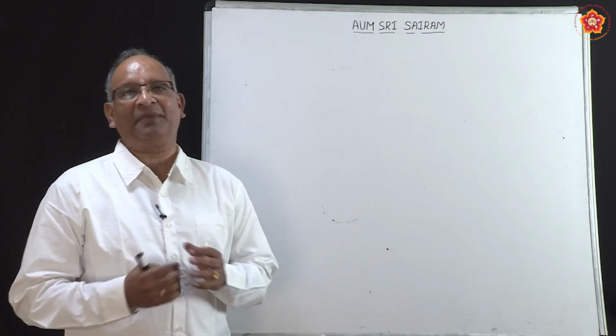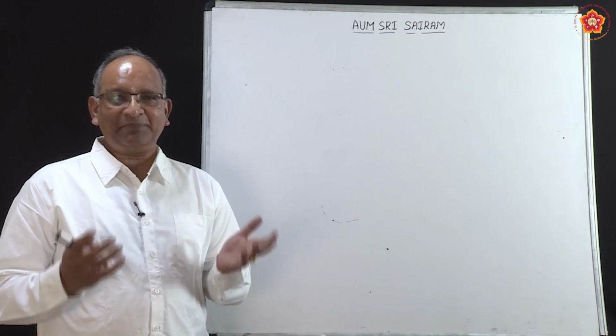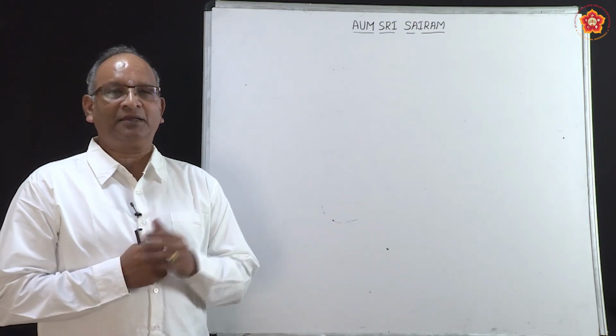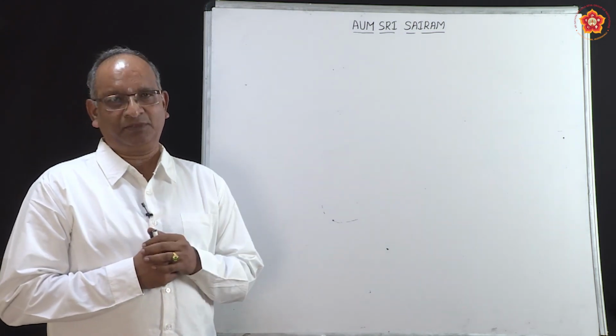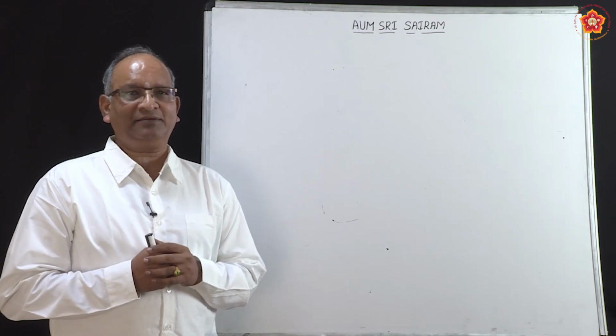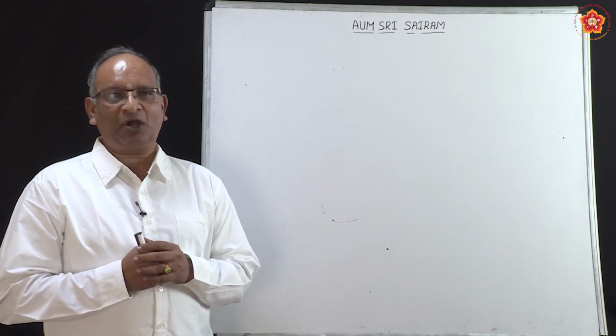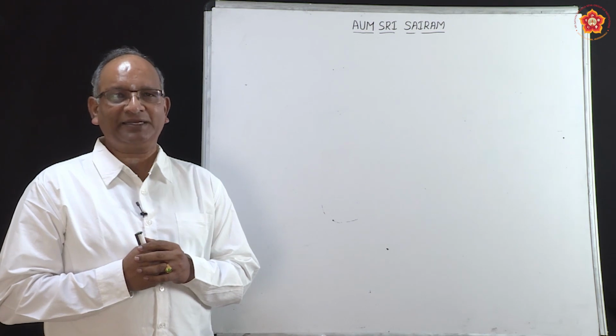The sets can be multiplied, and the multiplication of sets is known as Cartesian product. So, today we are going to begin the first subtopic of this chapter called Cartesian product.